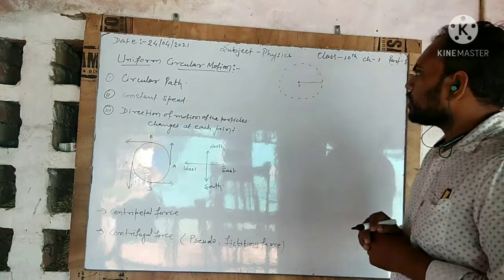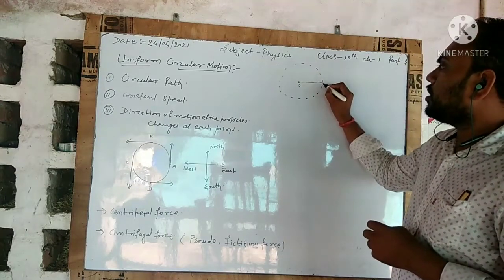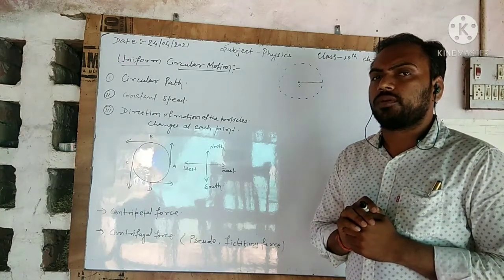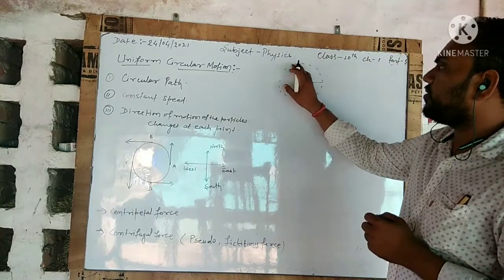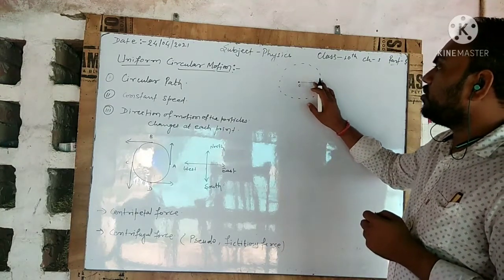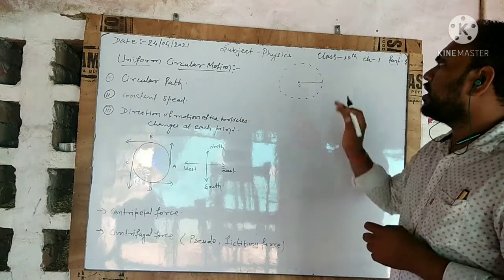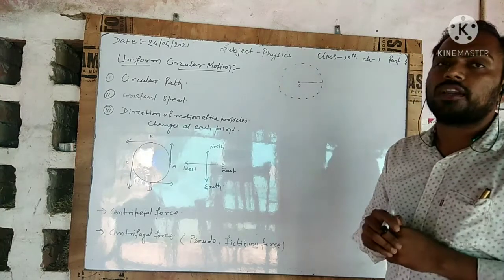So I think you are able to understand what a circular path is. A collection of infinite points around a fixed point in a plane at a fixed distance is called a circular path.